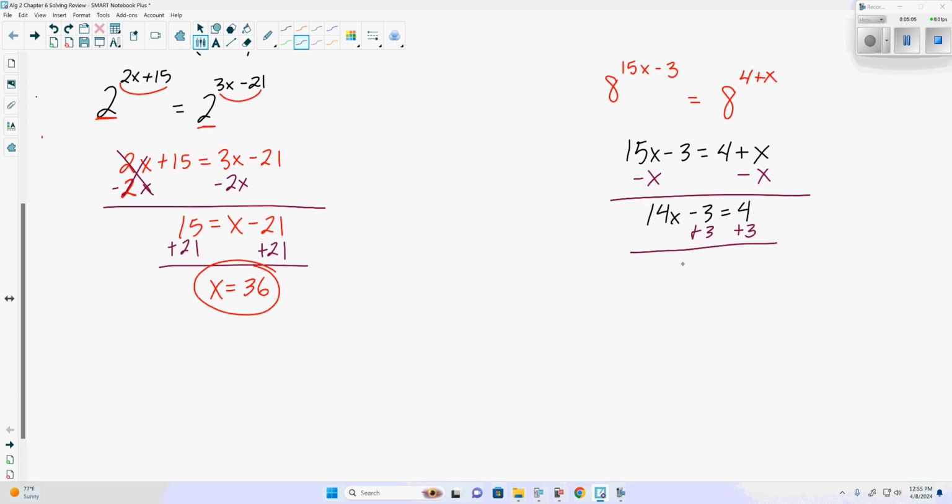And if we add 3 to both sides, we have 14x is equal to 7. And last but not least, we can divide by 14, because we want the x by itself. And 7 over 14 is 1/2. And that is it. Now, both of these do work out to be nice numbers, so these are actually our final answers. Questions on this here?